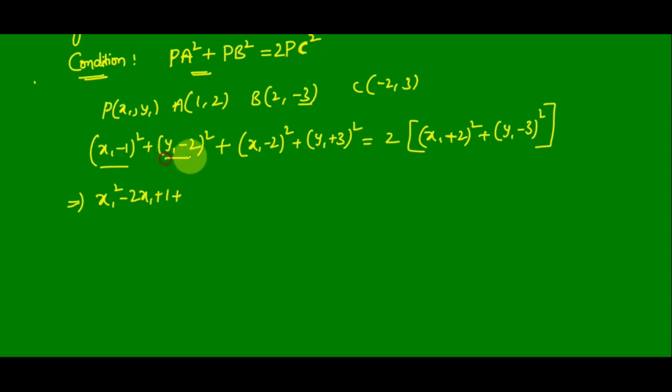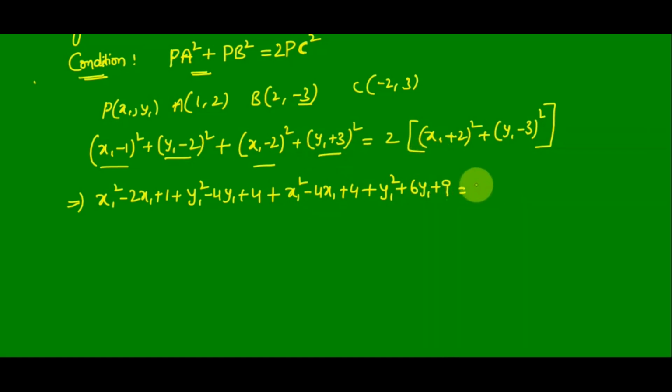Similarly, a minus b whole square format, that is y1 square minus 4y1 plus 4. Plus, here also it is in the form of a minus b whole square, that is x1 square minus 4x1 plus 4. And the last one is in a plus b whole square format, that is y1 square plus 6y1 plus 3 square, 9.